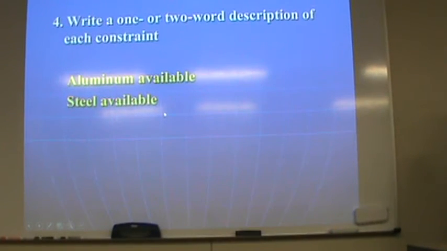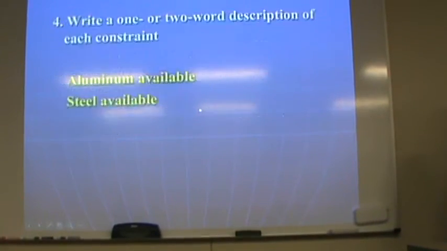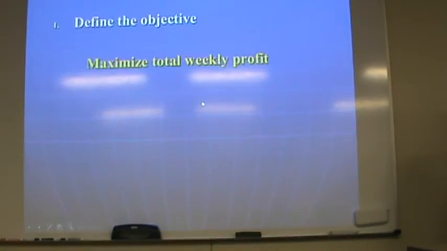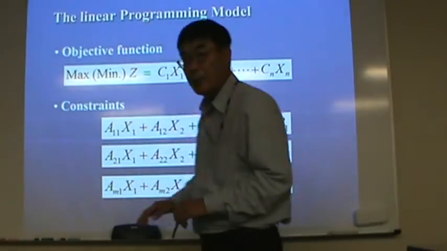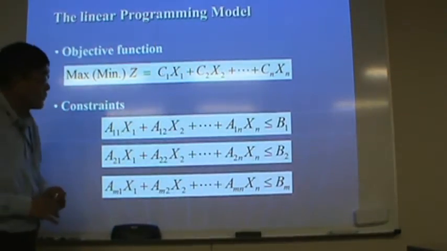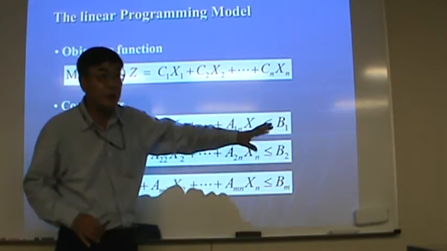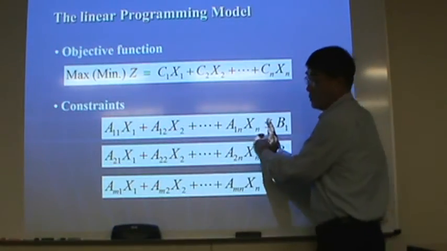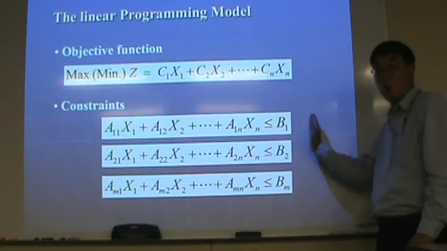And next step, write the right hand side of each constraint. Example, the constraint part looks like this. Constraint part, with some sign, less than, greater than, and so on. This side is the left hand side, and this side is the right hand side.